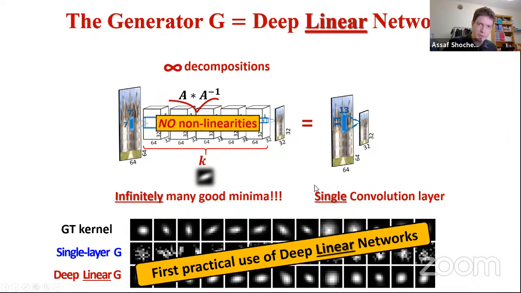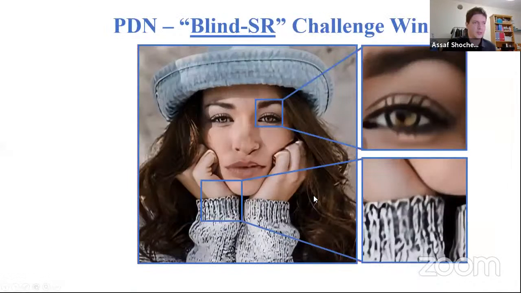And also, as far as we know, this is the first practical use of deep linear networks. So theory guys have been looking at these things for years, but for practical use, this is the first thing we are aware of. So we compare ourselves not to these. It would be too easy to compare ourselves to state-of-the-art non-blind methods. They do no better than interpolation.